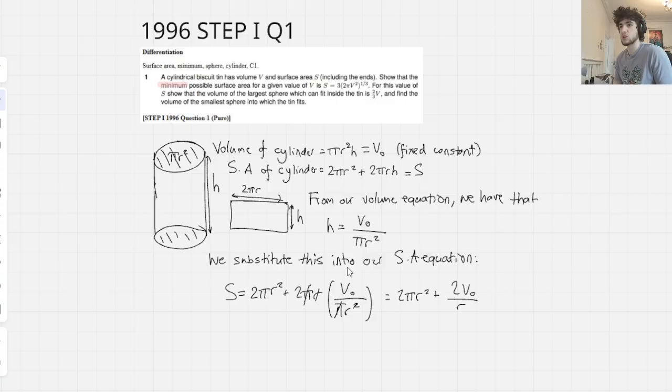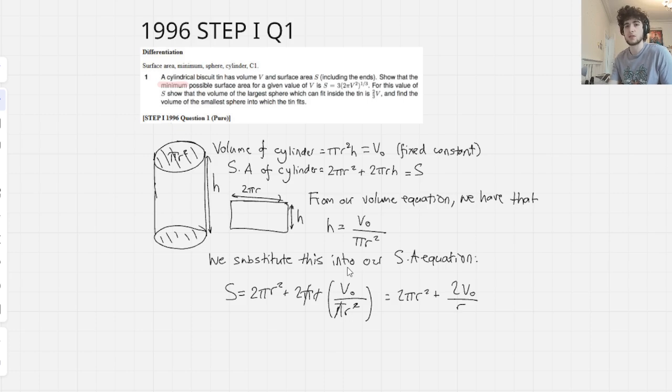If you want to find the minimum possible surface area, we have a function which represents our surface area as a function of the radius, so clearly a good idea would be to differentiate that and set it to be 0. Then you can find your stationary points, the value of r which either minimizes or maximizes the surface area, or is just a stationary point of that function of r.